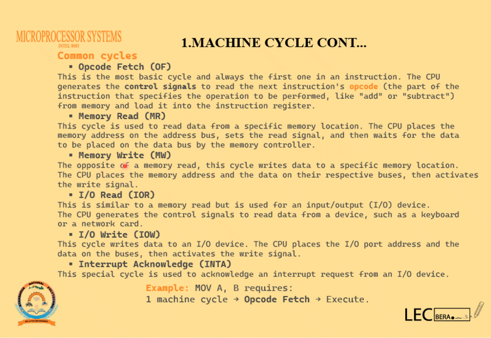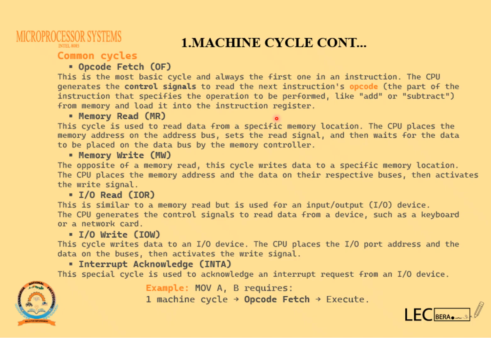And if you want to write data to the memory, it is the opposite of reading the memory. This cycle writes data to a specific memory location. The CPU places the memory address and the data on their respective buses, then activates the write signal.